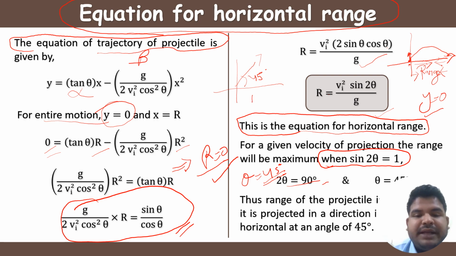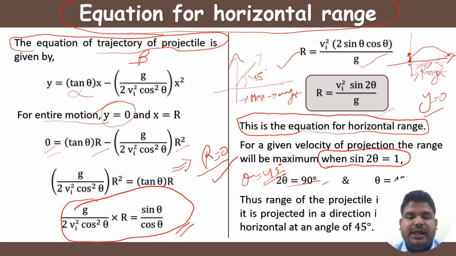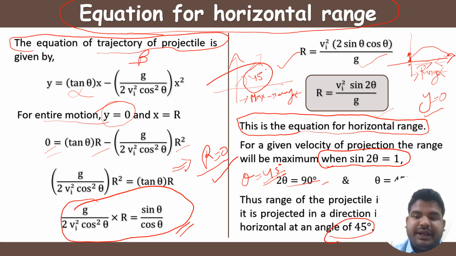You will get maximum range. The range of a projectile is maximum when projected at 45 degree. As we are seeing, the maximum range will be at which angle? That is 45. Okay.